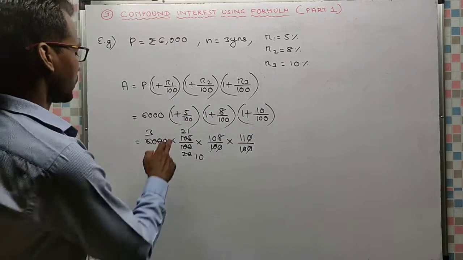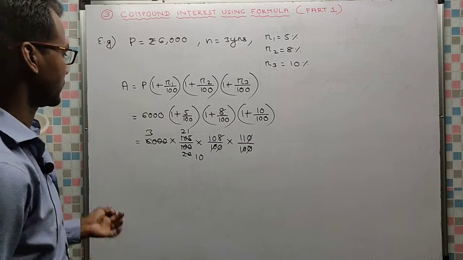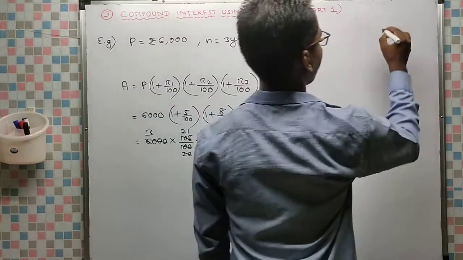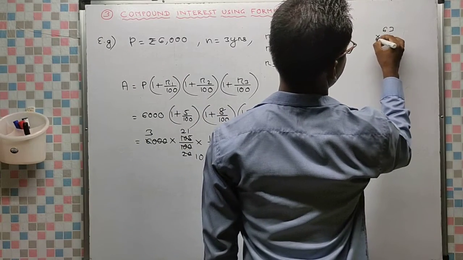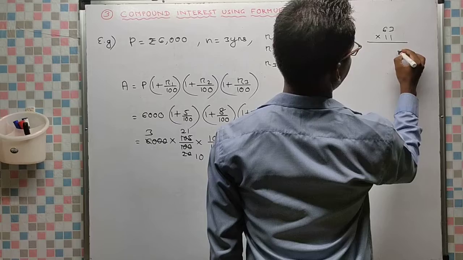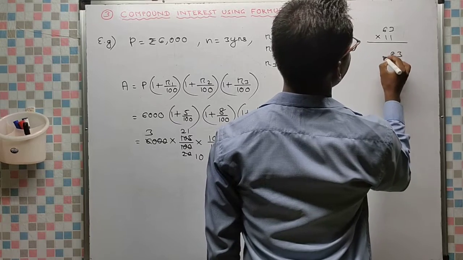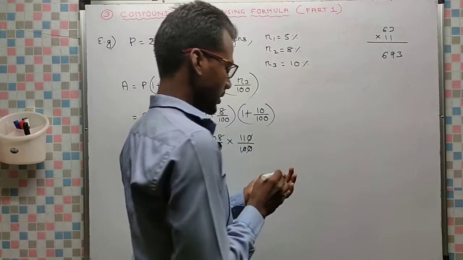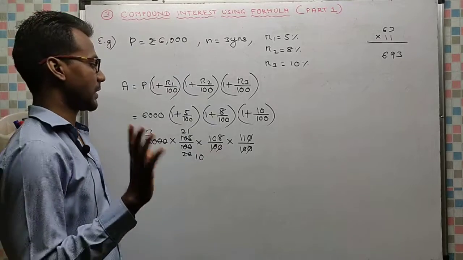So 21 into 3 is 63. 63 into 11 are 3, 9, 693. 63 into 11 is 693.